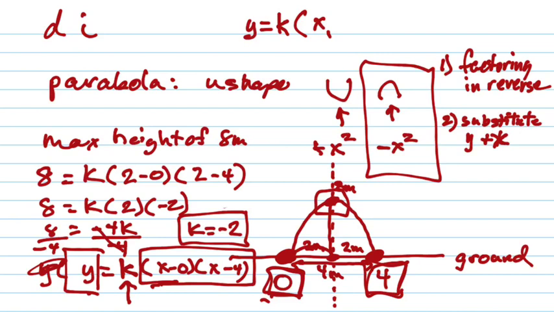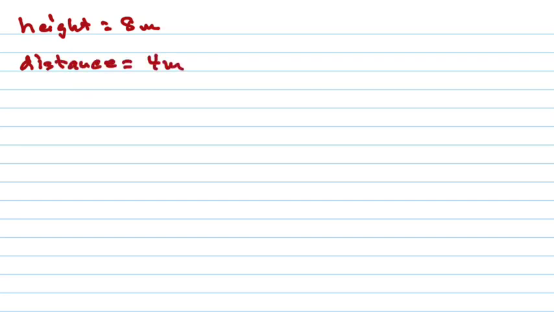Right? Let's go through it again, but this time let's do it neatly, and I'll write down the steps. I'm going to rewrite everything I just wrote. So we know that the maximum height of the football was 8 meters. We know that the distance it traveled was 4 meters.